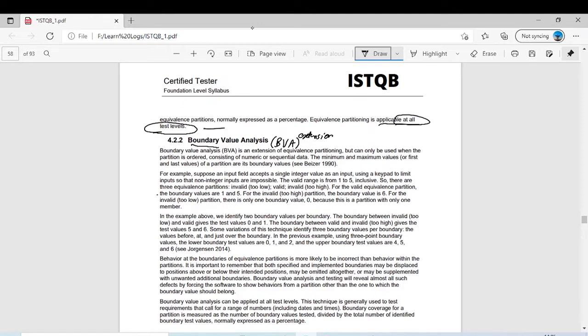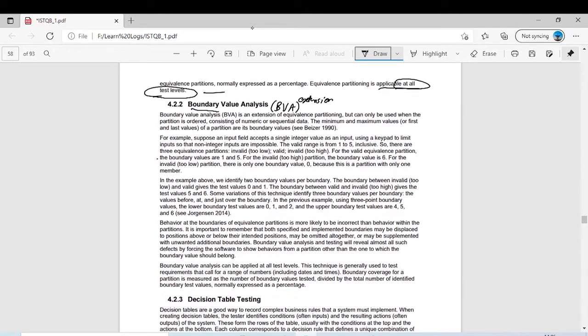In boundary value analysis we mainly focus on the boundaries, like maximum value, minimum minus 1, maximum plus 1, only to be sure about the boundary values, because normally the system never behaves as expected on the boundaries. Boundary value analysis is an extension of equivalence partitioning, but it can only be used when the partition is ordered.